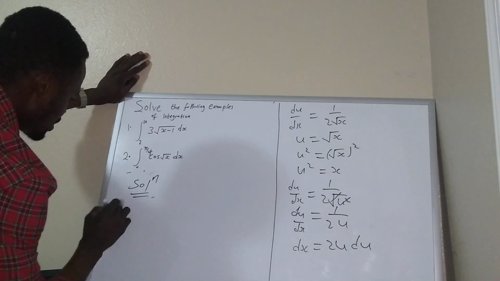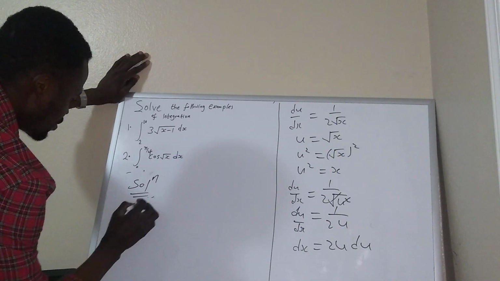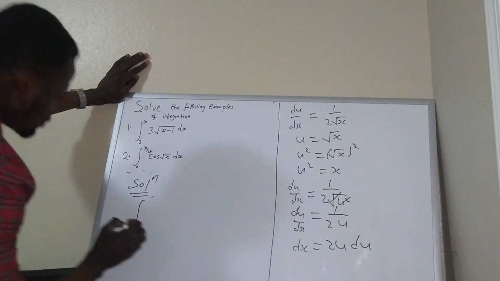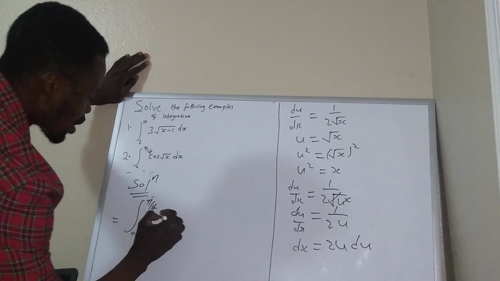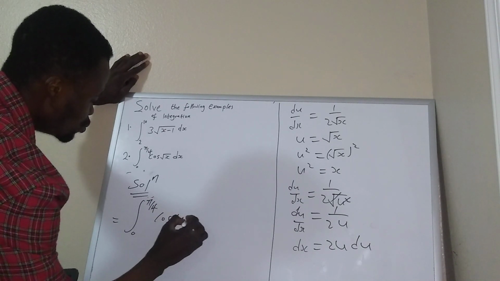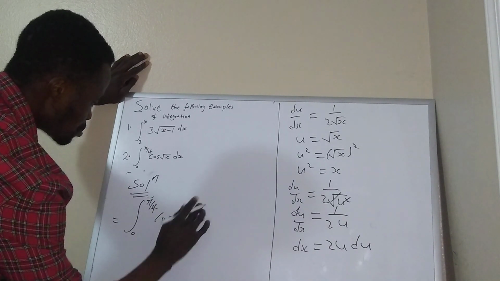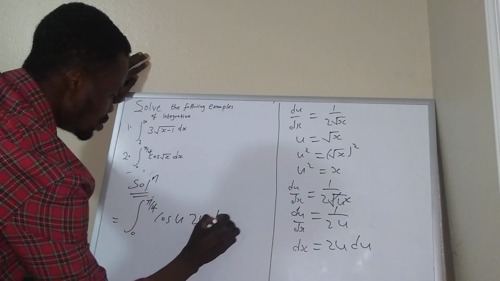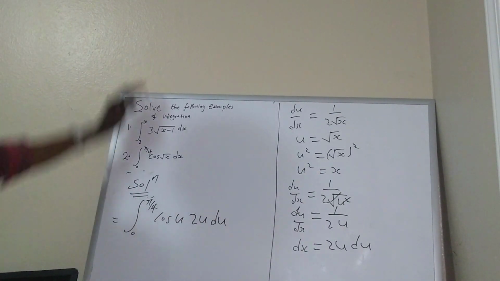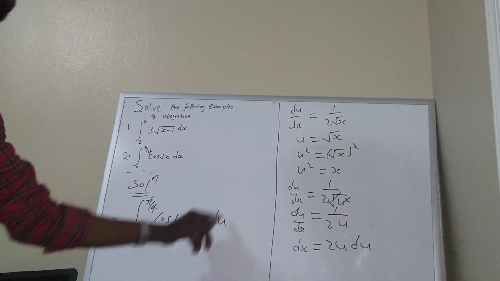So this equation, you can write as the integral from 0 to pi on 4 of cos u times 2u du, because our dx is how it is.